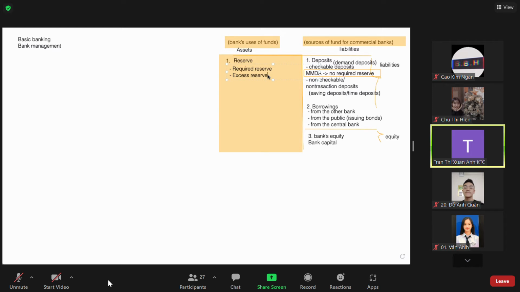But excess reserve will also be super important in the case that the bank is exposed to a bank run situation, when a lot of people rush to the bank asking for their money back, right? So excess reserve could be used in two kinds of situation.